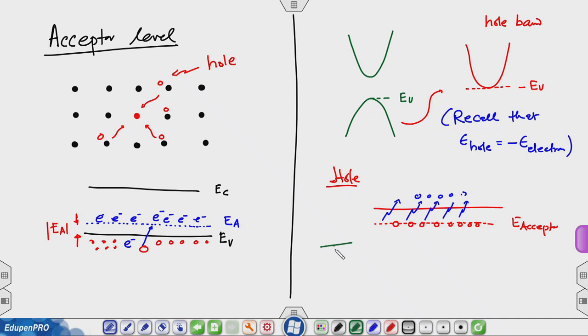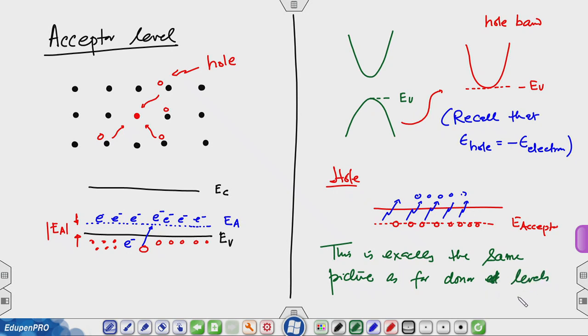This is exactly the same picture as for donor levels or electrons, except that everything else is being calculated for a hole. I have just inverted the missing electron band and made it a hole band. Now, the picture looks exactly the same.